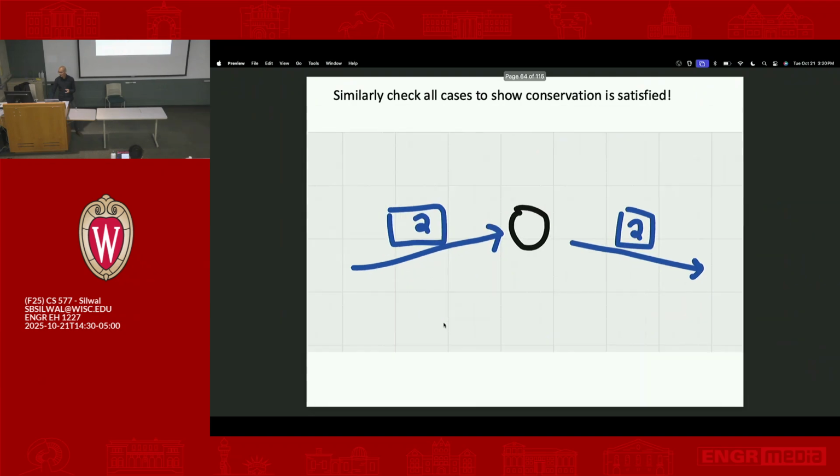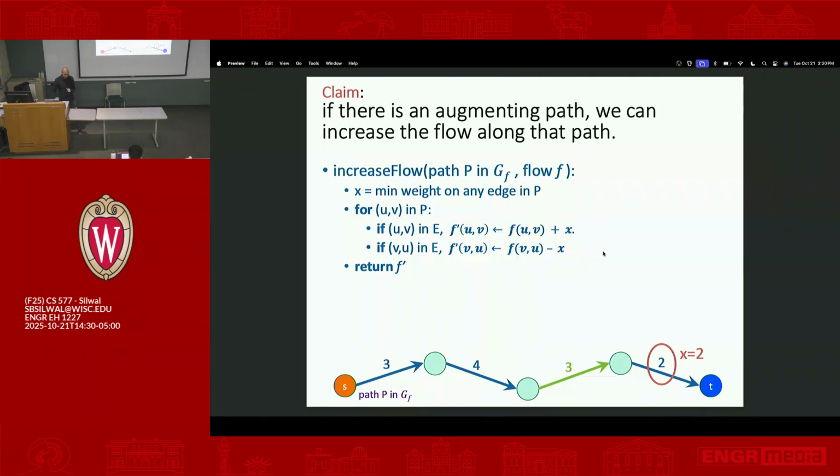In more detail, this is the augment path operation. I find some path in the residual graph. It may take the blue edges, which have some amount of capacity left to send, but this path may also go on green edges.